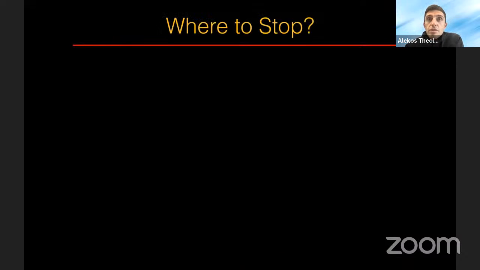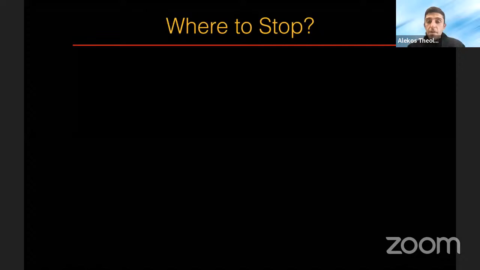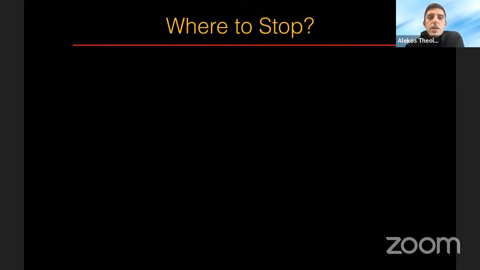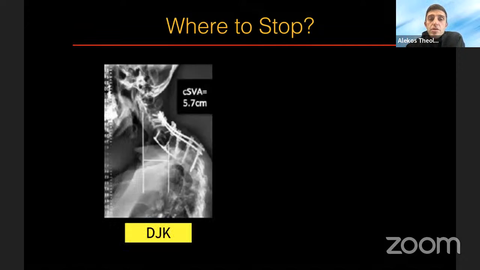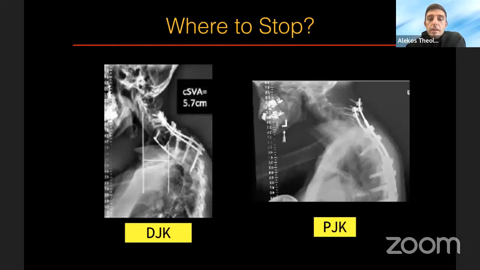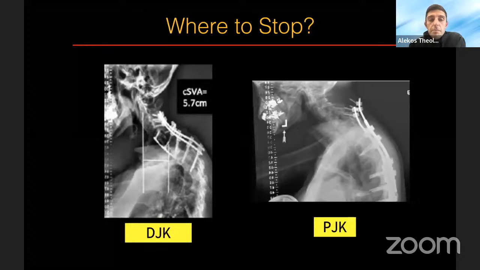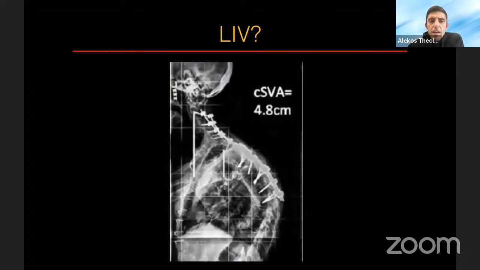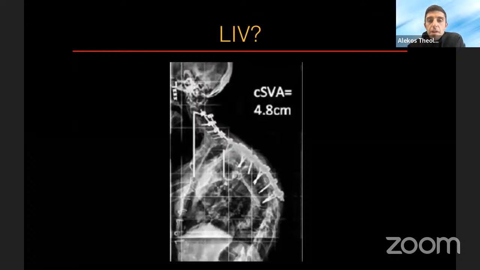So after you've chosen which level osteotomy you'd like to perform for the correction, the next questions are where do you stop proximally and where do you stop distally, to hopefully minimize the risk of DJK as well as that of PJK. And so the question first is, where do you stop the lower instrumented vertebra? I don't think there's an exact answer to this.